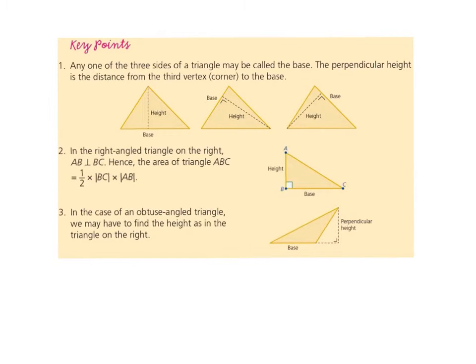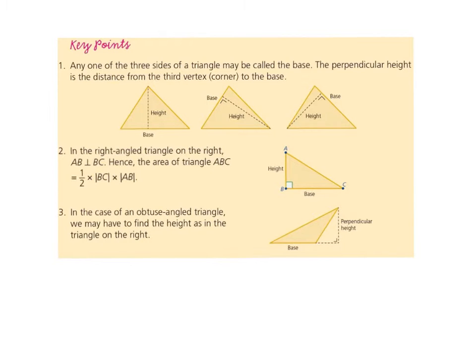The next thing, when we have the right angle triangle, okay, as we have here, this is the base and this is the height. This side is actually the height, okay? When we flip it a little bit, this might be this base, but then this side is a height. They are perpendicular, okay?